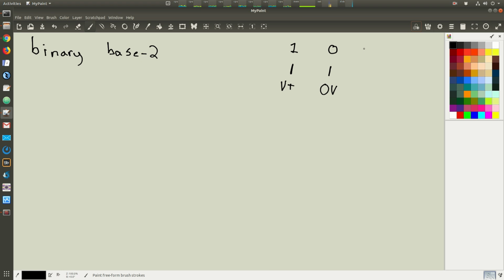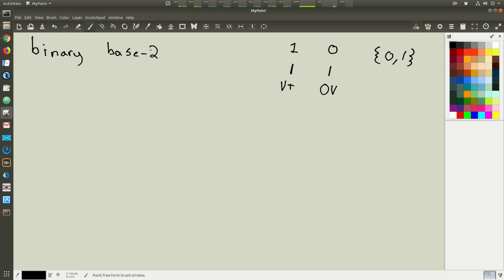Okay, so what is our alphabet for this number system? It's binary, so it's base 2. Base 2 means that there are 2 characters that we can use to construct the numbers.